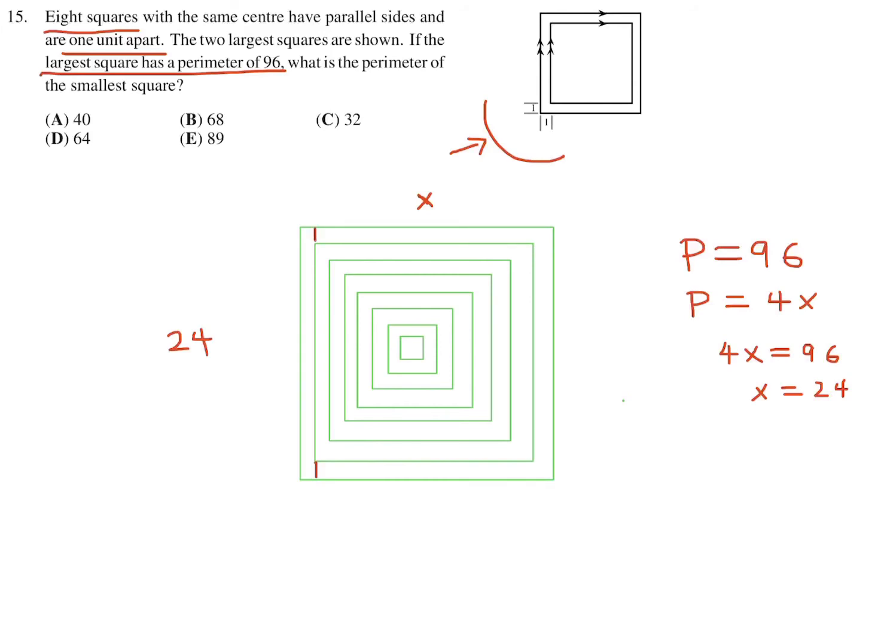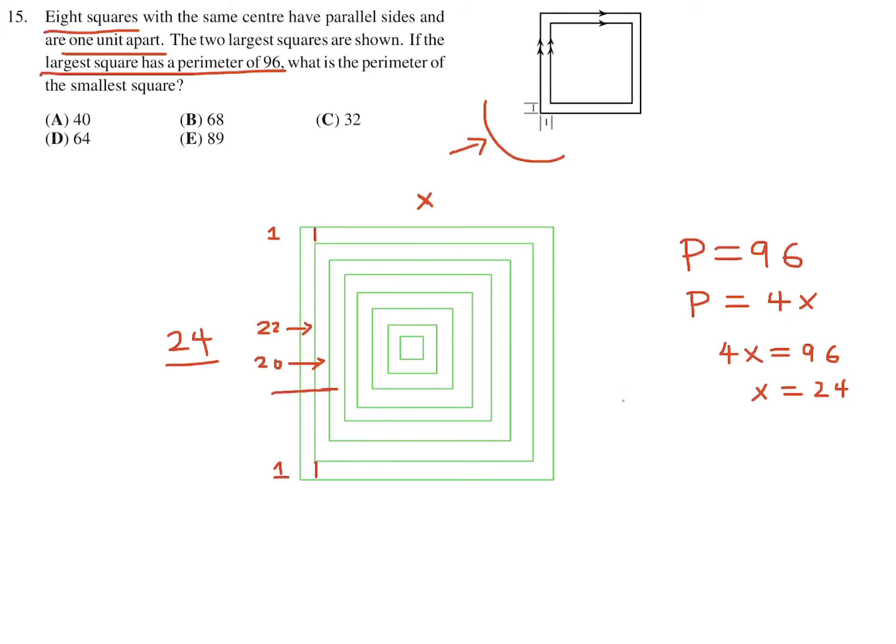Correct? So this is 1, and that small distance is 1. So therefore, the next square, its side, is going to be 24 minus 2, which is 22.